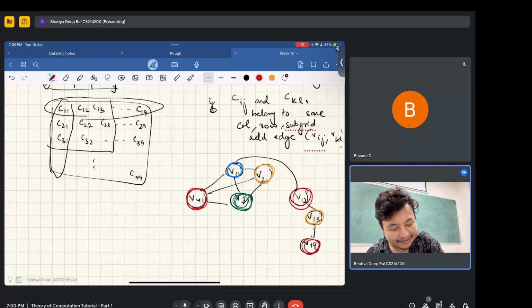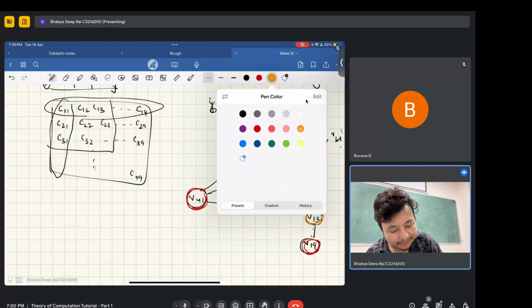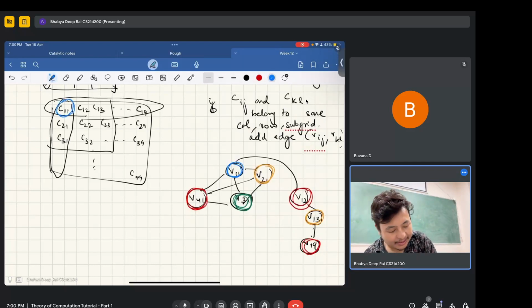So V11 is blue, so C11 I'll color it blue, and V21 is orange, so C21 is orange, and C13 is orange, and V41 is red here. Oh, not here.